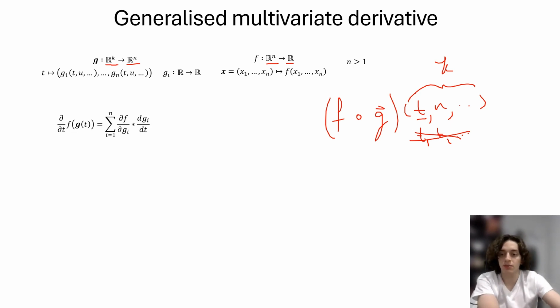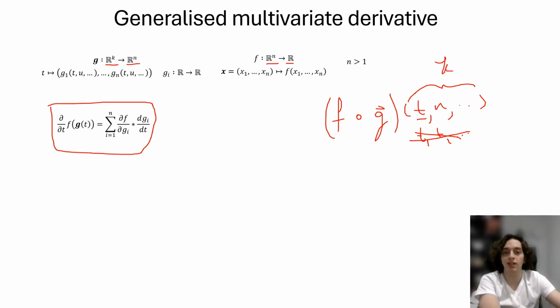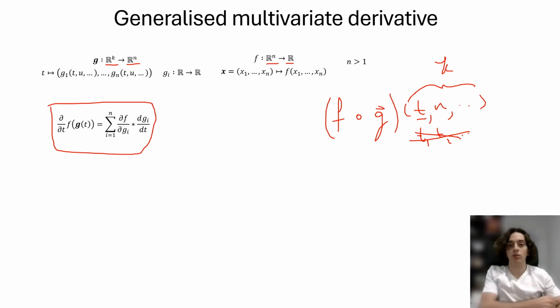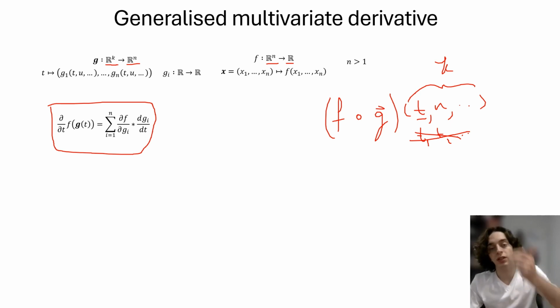Let's recall the simple formula for the multivariate chain rule. Over here, instead of the regular derivative d/dt that I used in the previous slide, I'm going to use just the partial, because that's how we're going to expand into the generalized multivariate derivative. Note that we don't consider the total derivative of the whole input. That is way more complicated.